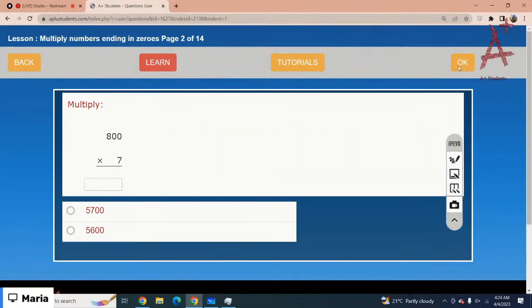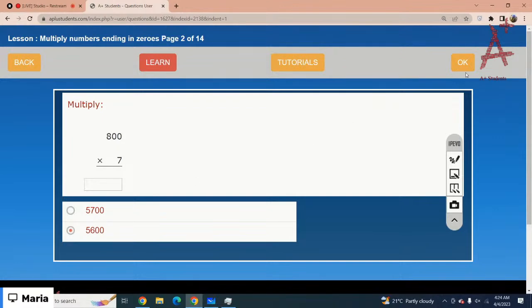Okay, multiply 800 times 7. So which is the correct option? Just multiply the non-zero values. 7 times 8 is, yes, that would be 5600.